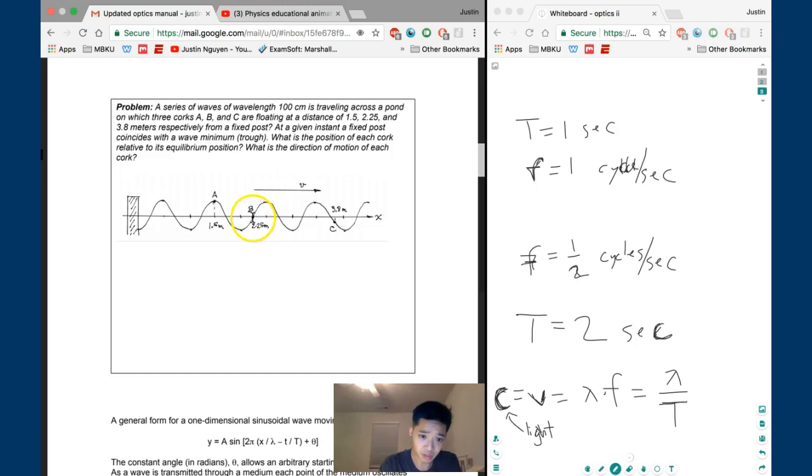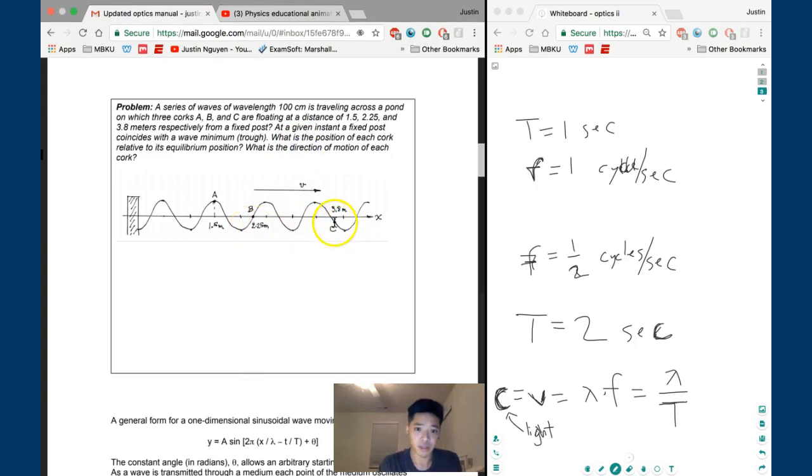The value of B would go down because if you take this point where my mouse is and shift it over in the direction of propagation, you are at point B, and now you are below equilibrium. So this would be a downward motion. The direction of motion is down.